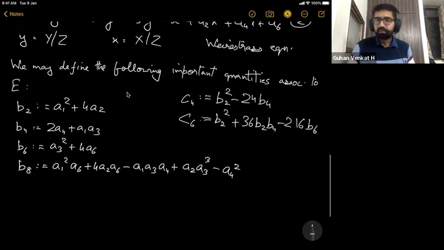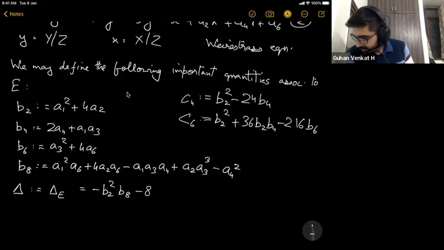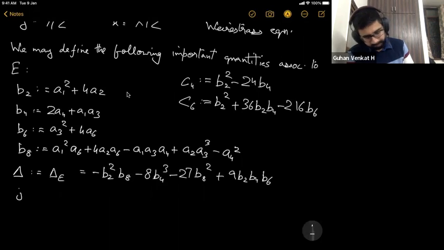All these quantities lead to defining a very important quantity called delta, which you can also denote as delta E, given by minus b2 squared b8 minus 8 b4 cube minus 27 b6 square plus 9 times b2 b4 b6. And finally, I'm going to define j, also denoted j subscript E, to be c4 cube by delta.